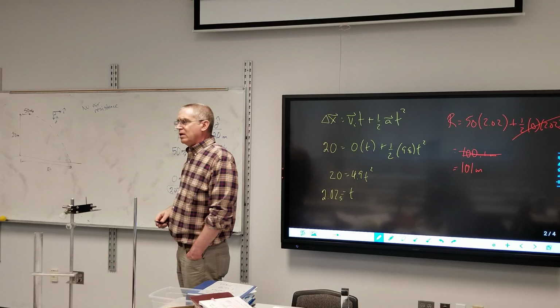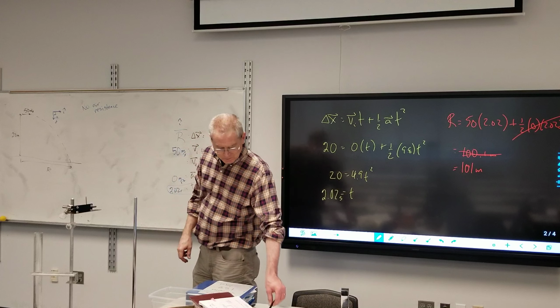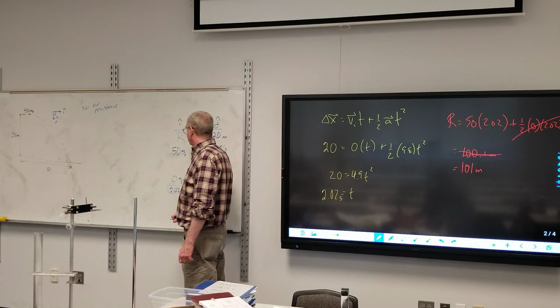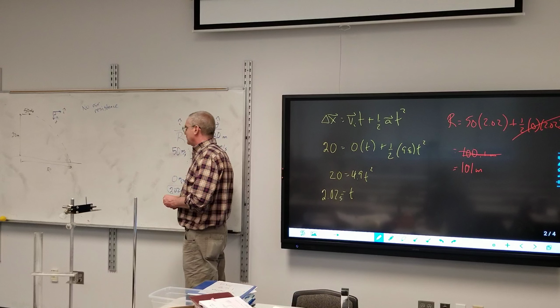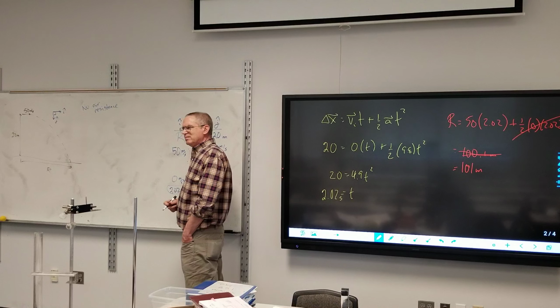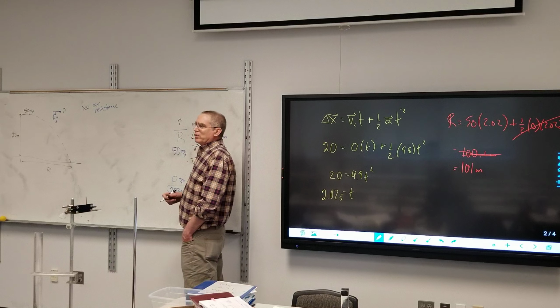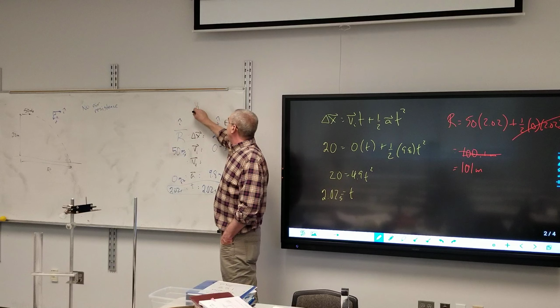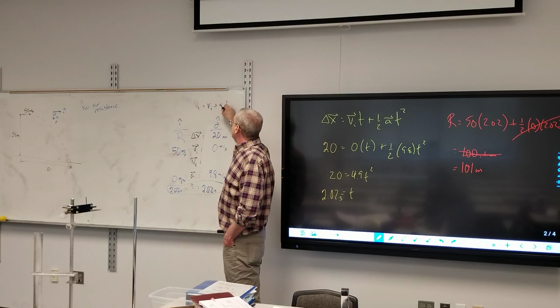Would our velocity in the I hat just be 9.8 multiplied by 2.02? J hat. The other one, okay. Yeah, J hat would be, because you're plugging into VF equals VI plus AT.